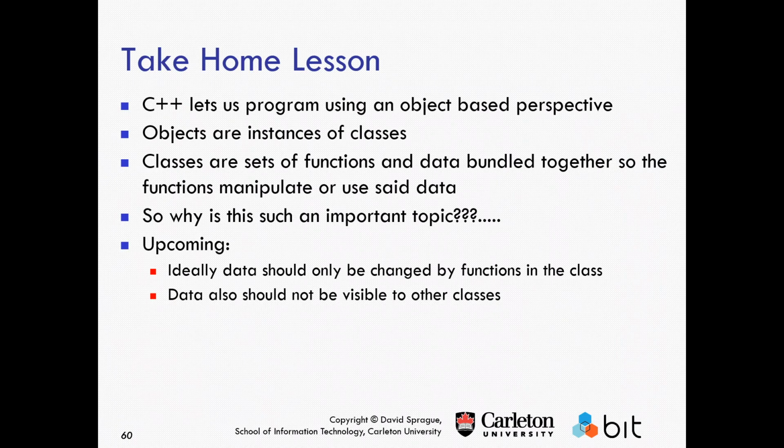What I want for take-home lessons right now is that we're just getting started with an object-oriented perspective. We talked about classes, which are the blueprint for how the data and the functions work together. Objects are instances. So an example like PMyRect2 and PMyRect1, they are instances of that class.